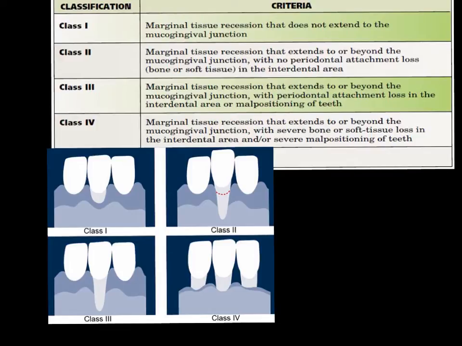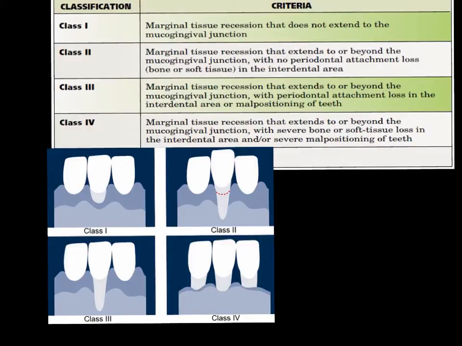Whereas Class 3 would only provide partial coverage to the level of the interdental bone, while Class 4 defects are unlikely to provide any root coverage as a result of surgical intervention, and therefore any periodontal plastic surgery should be avoided. This is commonly seen in patients who have developed recession due to chronic periodontal diseases.